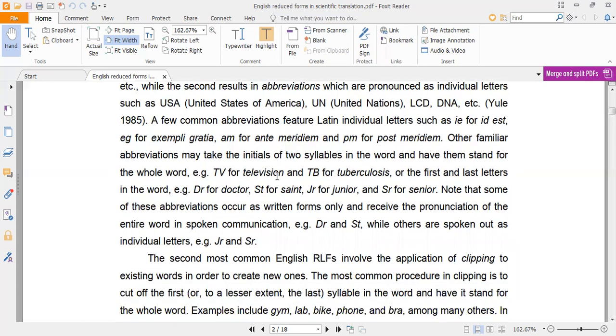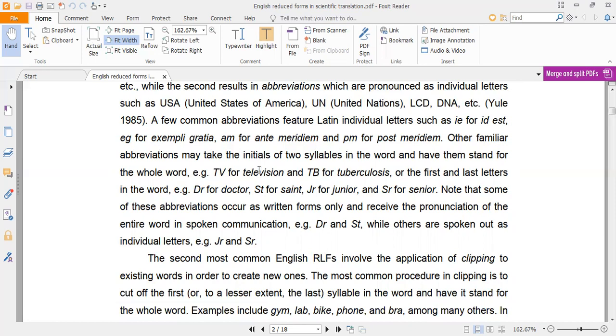Also, another feature of abbreviation is taking the first letter or the first sound from the first two syllables, the initial of two syllables in a word. For example, look at television. Tele, this is the first syllable.